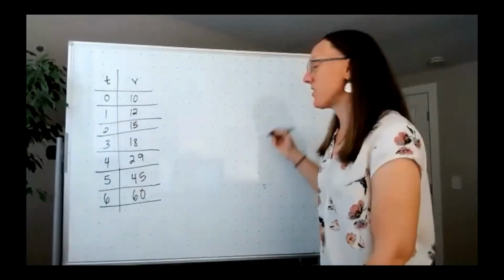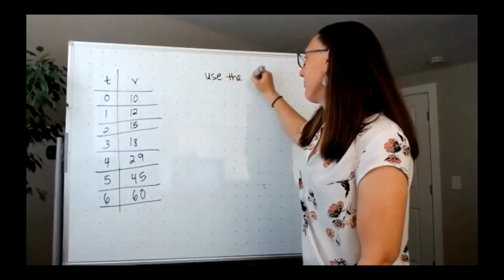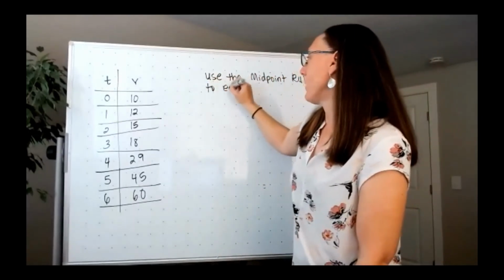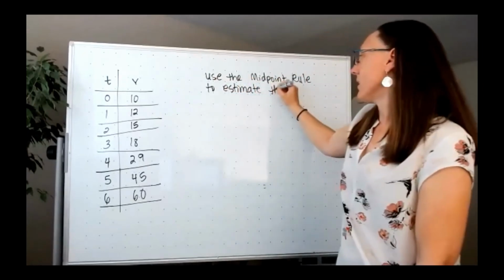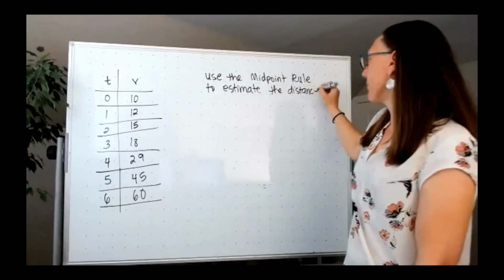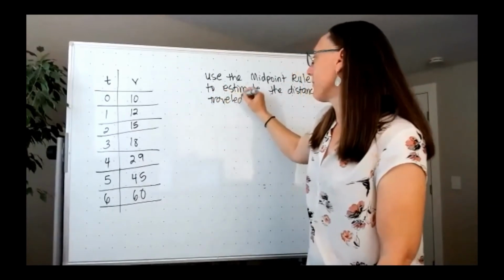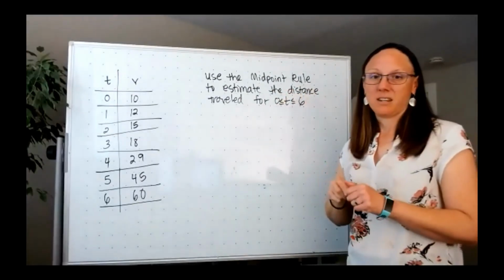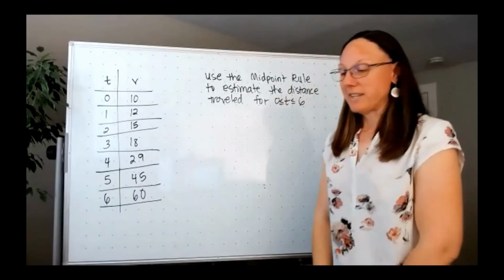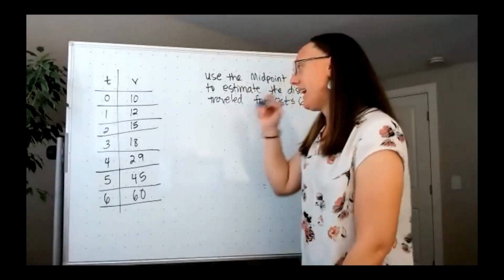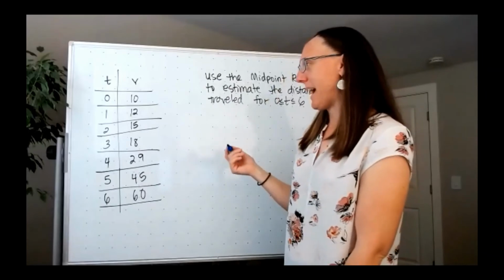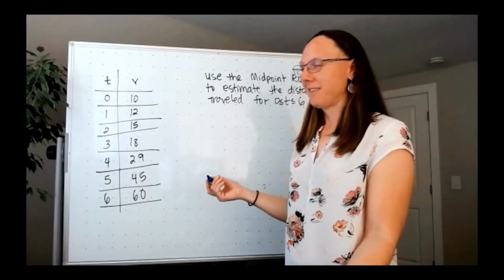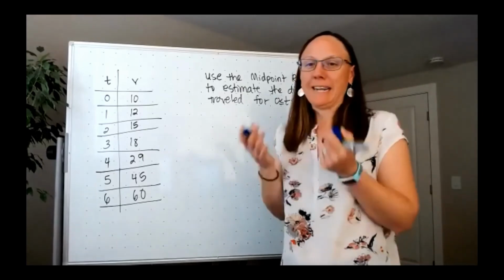And if I were asked to use the midpoint rule to estimate the distance traveled from t equals 0 to 6, then given these data points, I would say, well, I'm going to have to break this up somehow so that I have numbers that are in the middle.